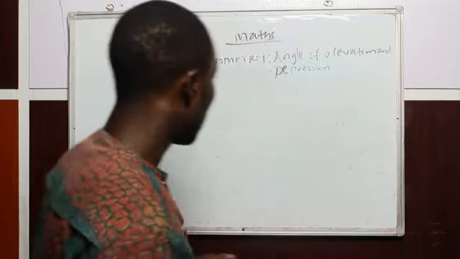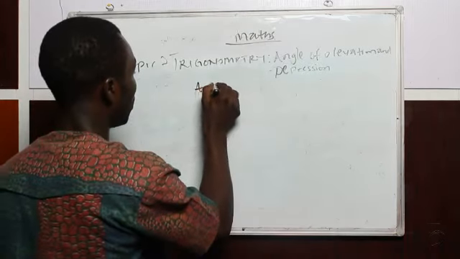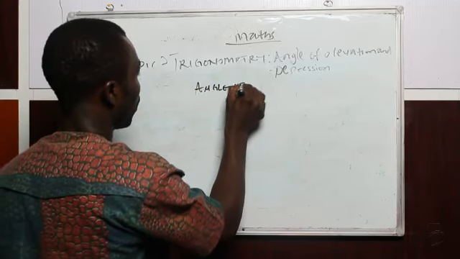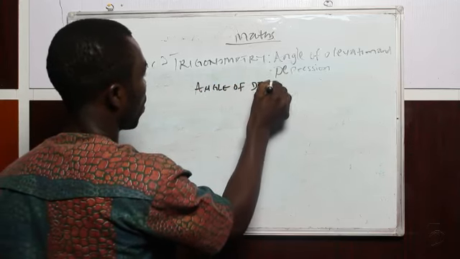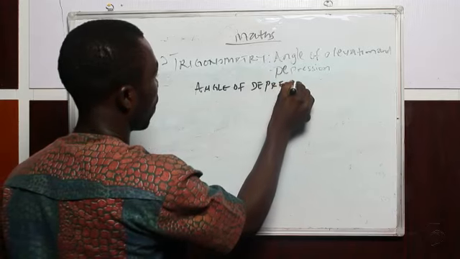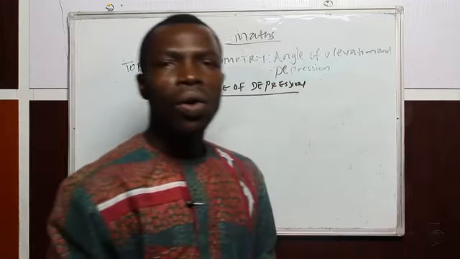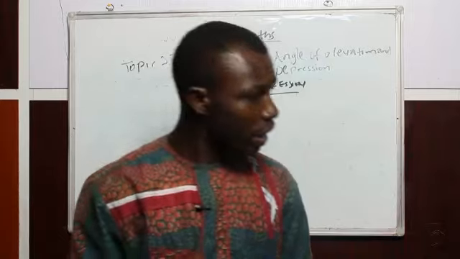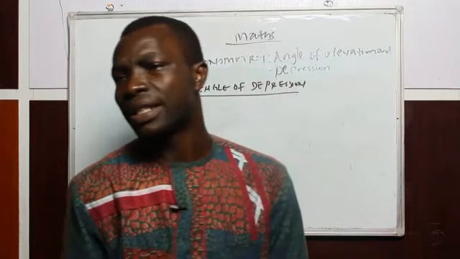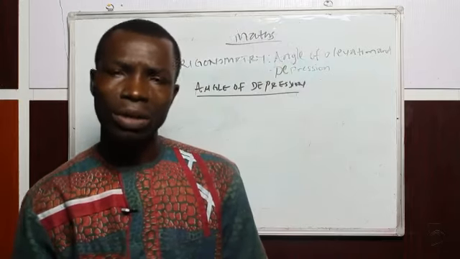Let us move forward and consider angle of depression. One, we need to know the definition of angle of depression. The word depression means somebody looking down. When you are being depressed, that means you have been suppressed. Now, what does it mean by angle of depression?